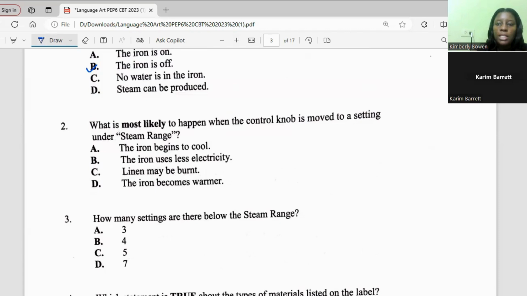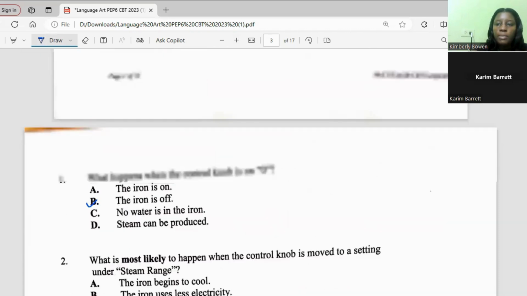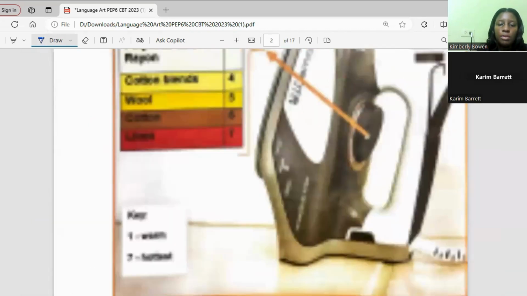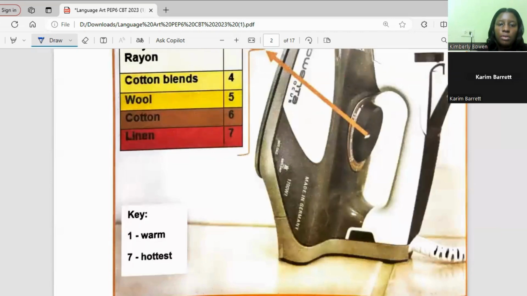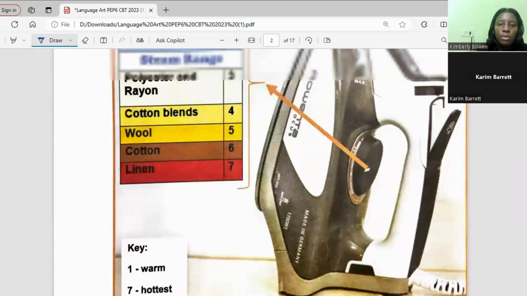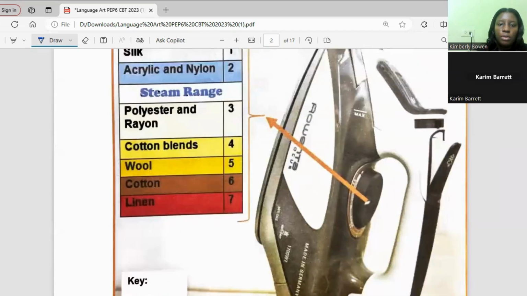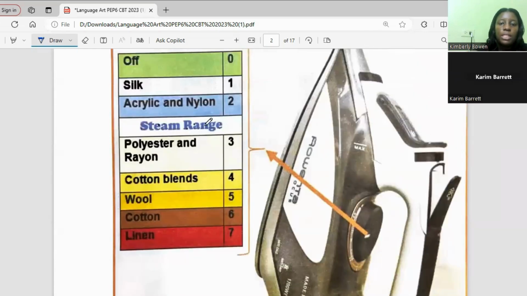Let's look at the steam range. These are the steam range, and the iron is at 3, 4, 5, 6, or 7.